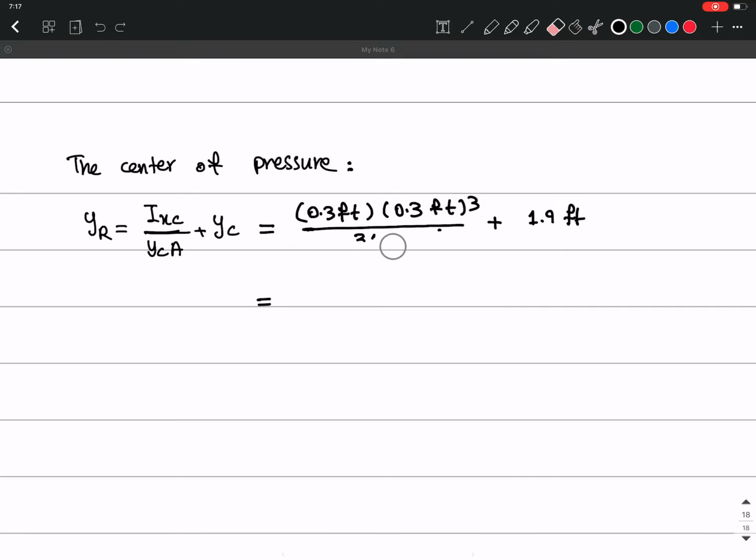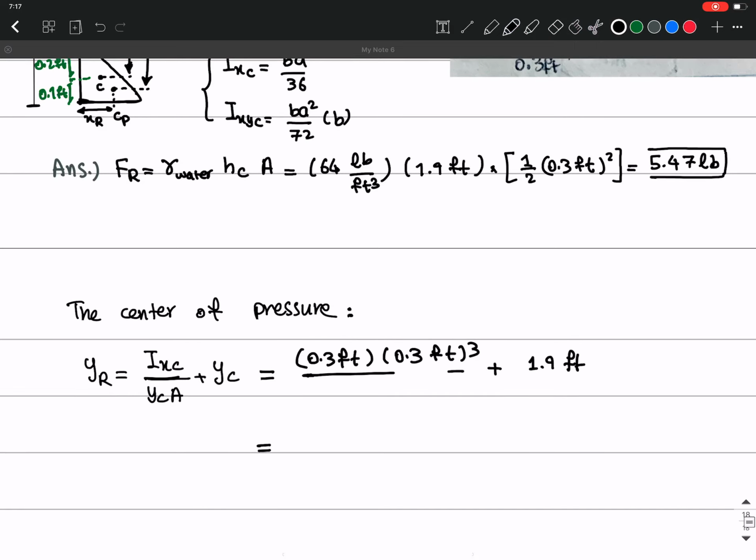So 36. So we have over 36 times YC, where YC is 1.9 foot.